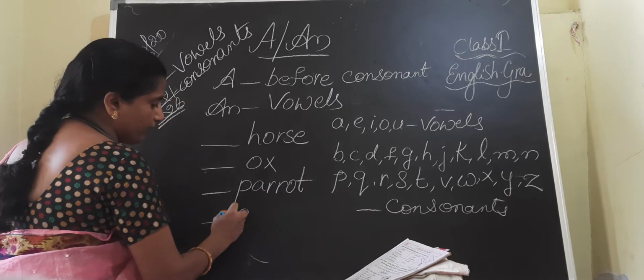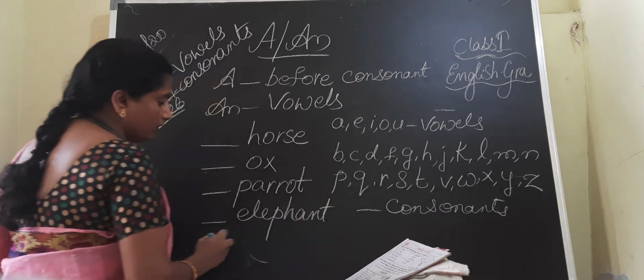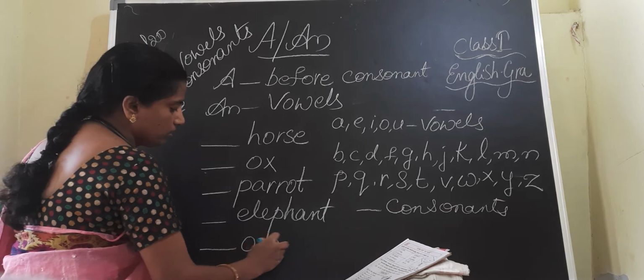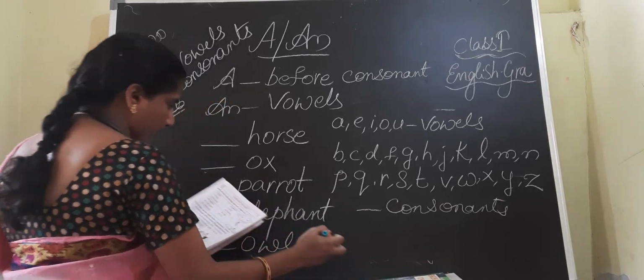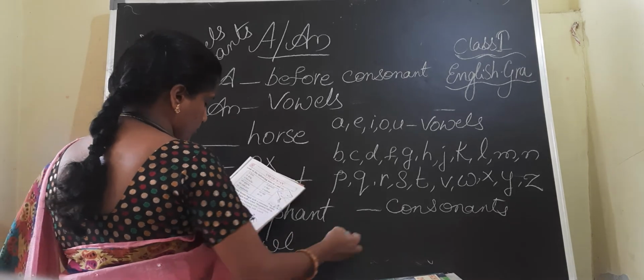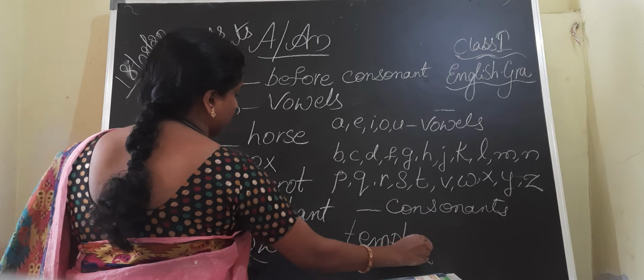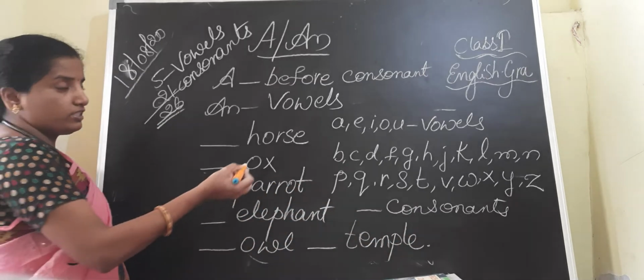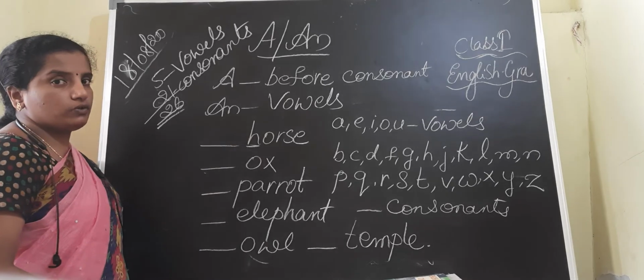Dash elephant, dash owl, dash temple. A few of the examples I wrote, children, on the board. Just look at the board. H: is H a vowel or consonant?